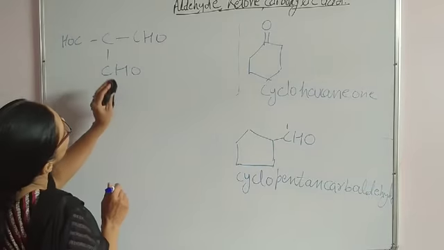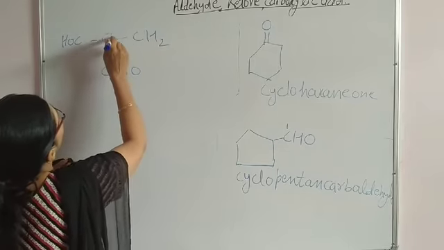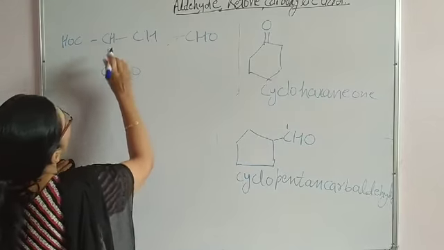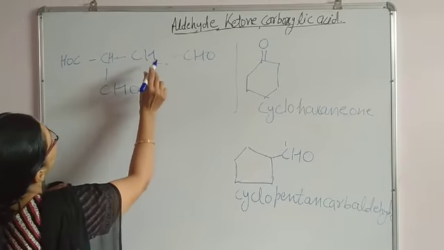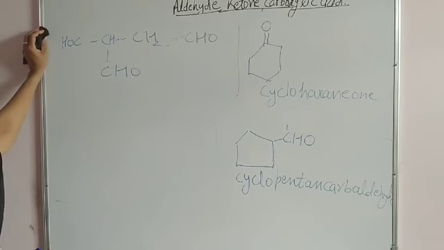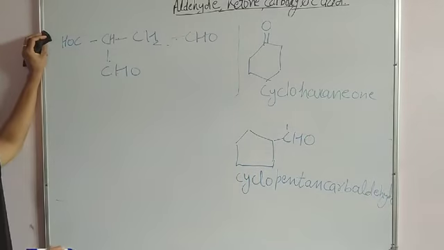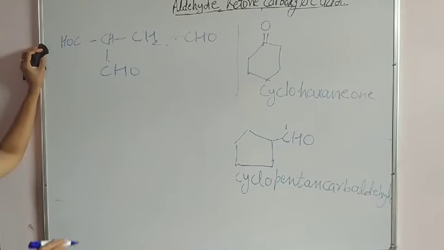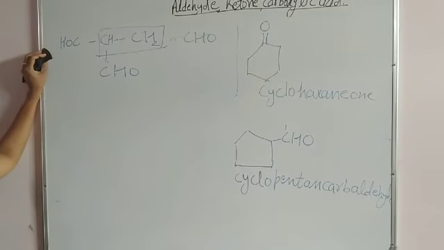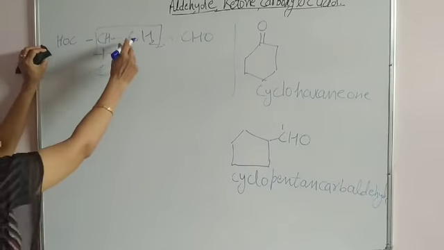Then you need to take 2 carbon atoms. 1, 2, 3, 4. So here what to do? You can't do numbering for all 3 CHO groups. In this case, you need to select the chain where not a single CHO group will come. Select the chain where not even one CHO gets a number. It is related to ethane.